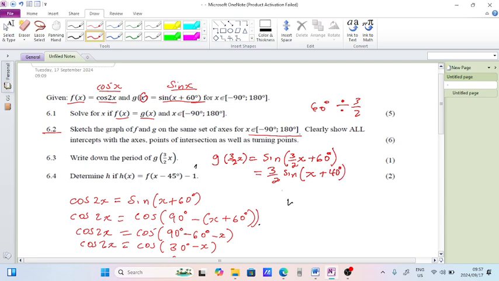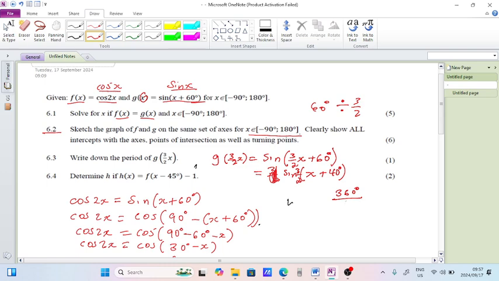Now, what will be the period now? Of course, what is the original period of the sine graph? 360 degrees. Now, we will divide again. What is the coefficient of that angle? So this value is supposed to be 3 over 2 here, not outside, because that should be an angle.